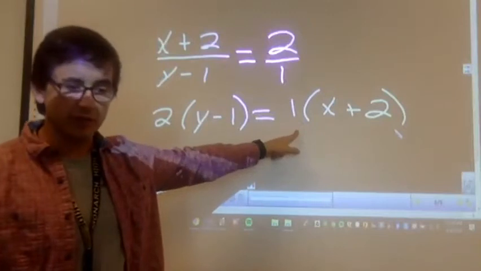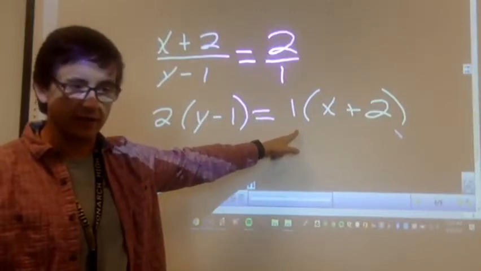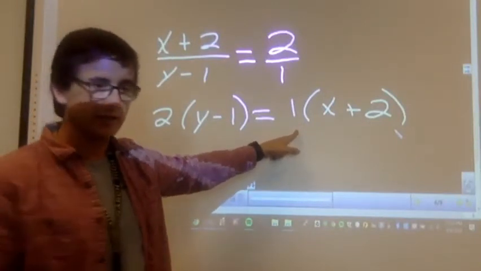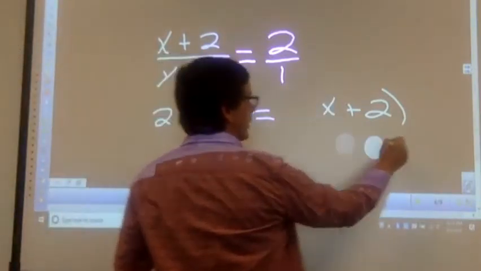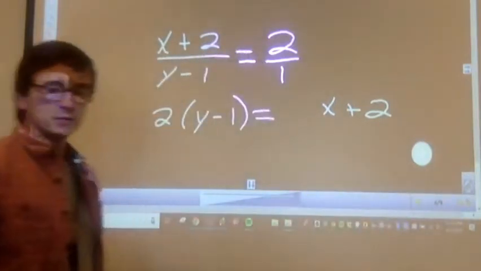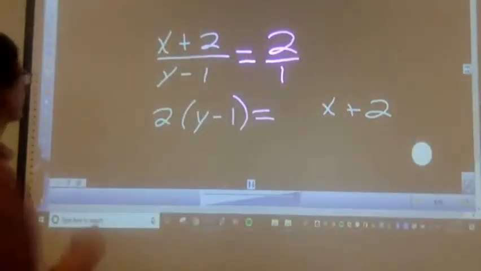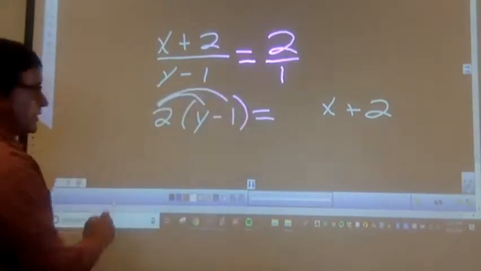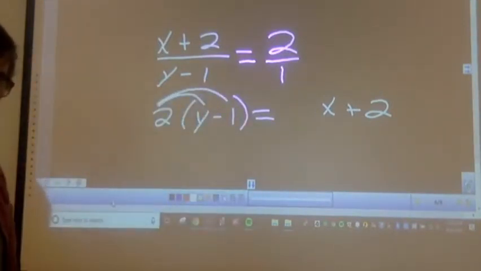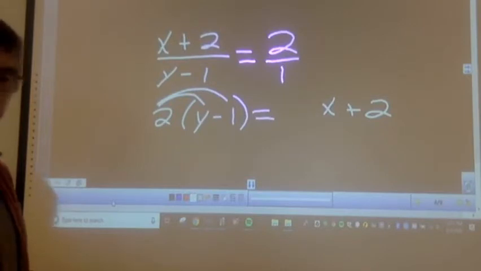Now, most of you guys know I don't need this 1 right here because if I multiply 1 times anything, it just stays the same. So I'm just going to go ahead and take that 1 off because I'm good right there. Then all I got to do is distribute the 2 into the left side. Remember, when you distribute, you multiply.